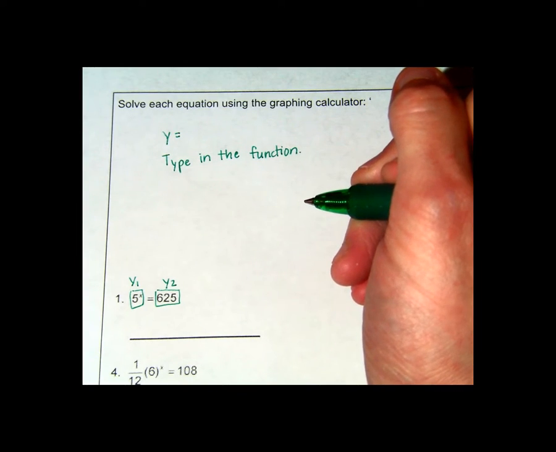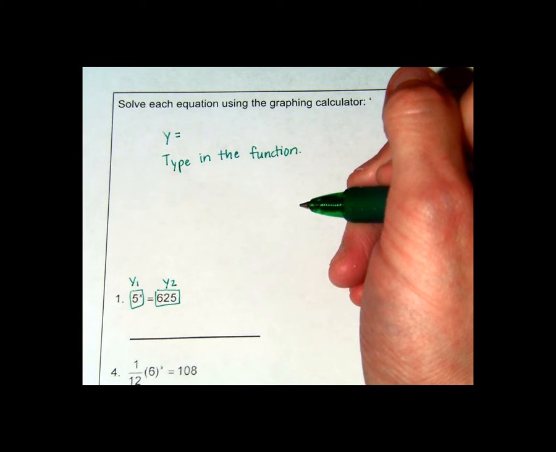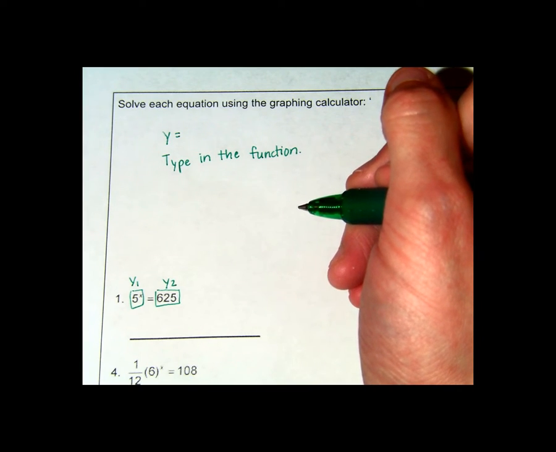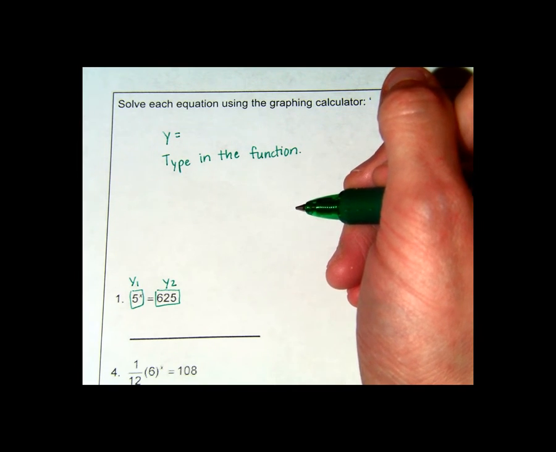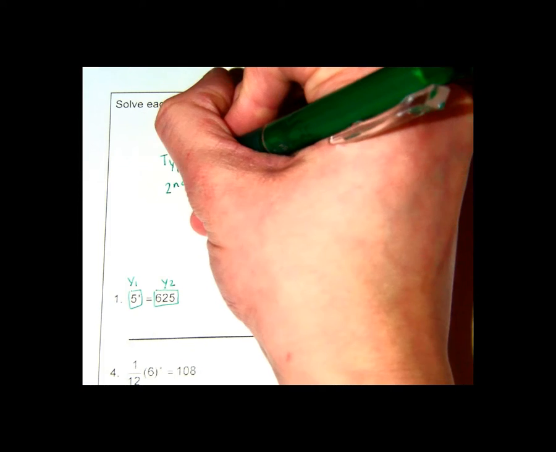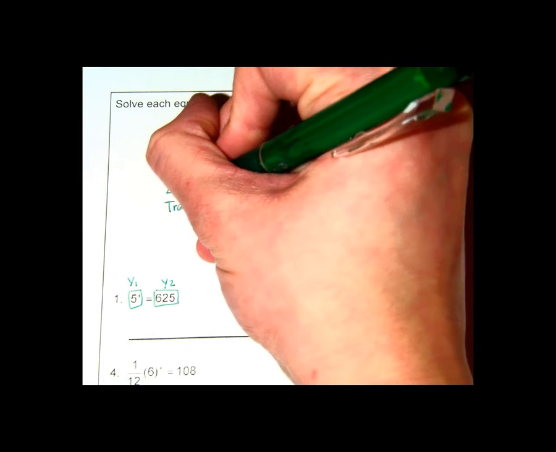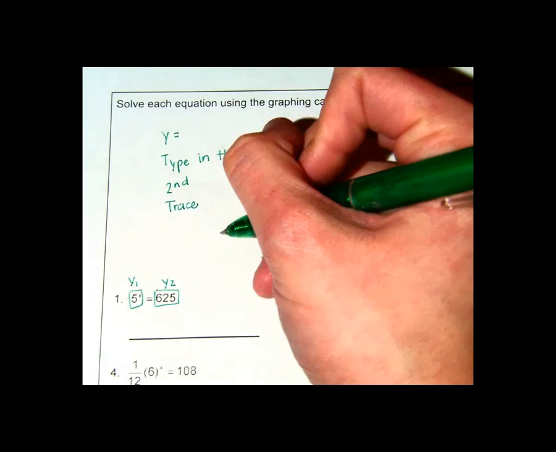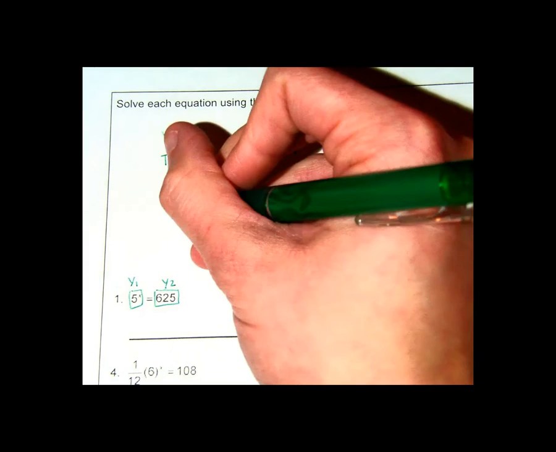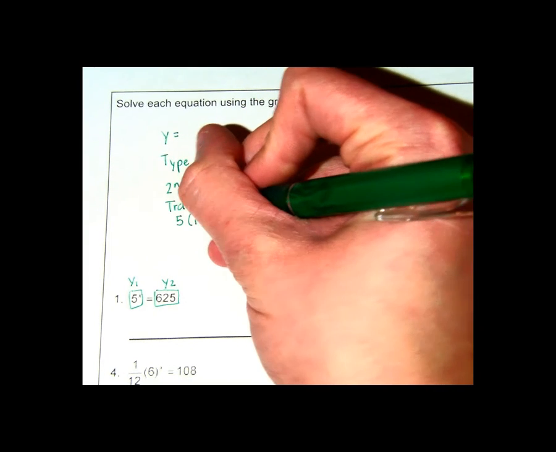Once we type in the function, we're going to press second, and then we're going to press trace, and then we're going to press the number 5, which is intersect.